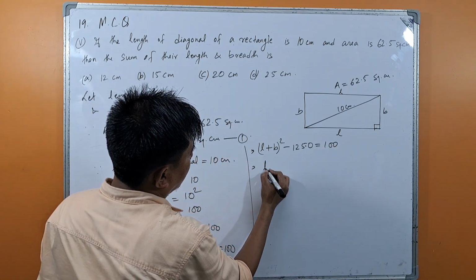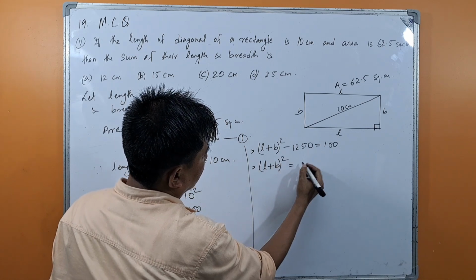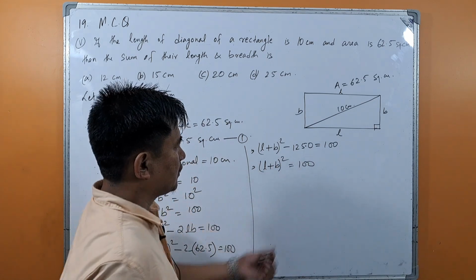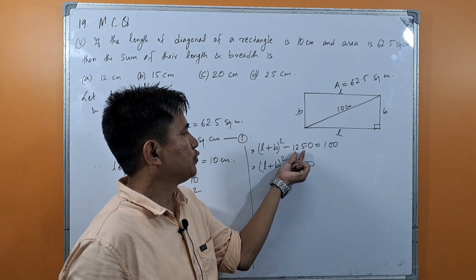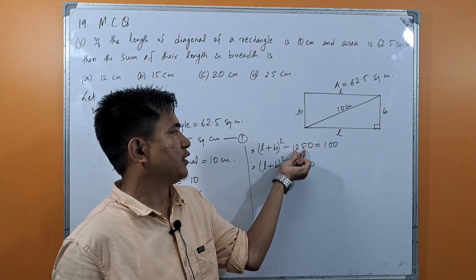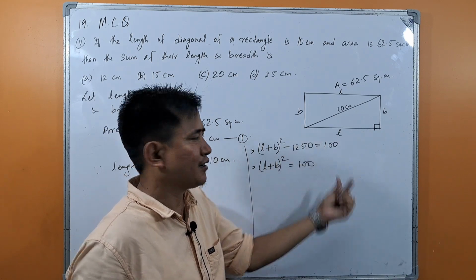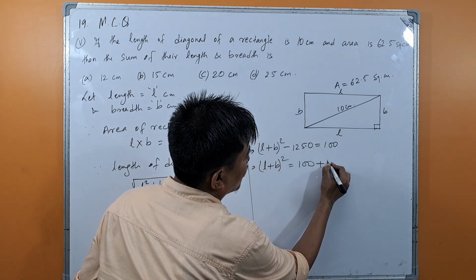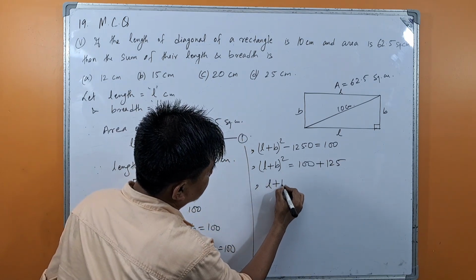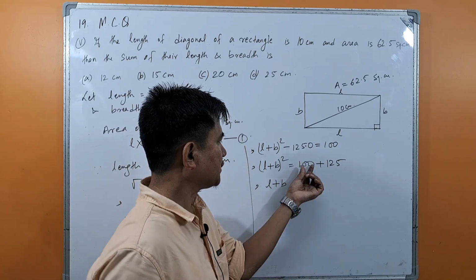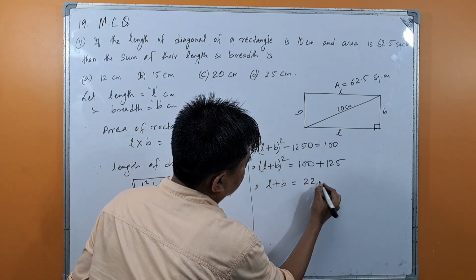Or L plus B whole square equal to 100 minus 125. 0 have no value after decimal point, so we consider 125 only. This minus 125, if we take to the right hand side, this becomes plus 125. L plus B whole square equal to 100 plus 125 is 225.